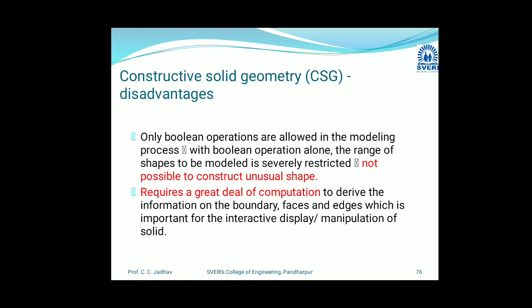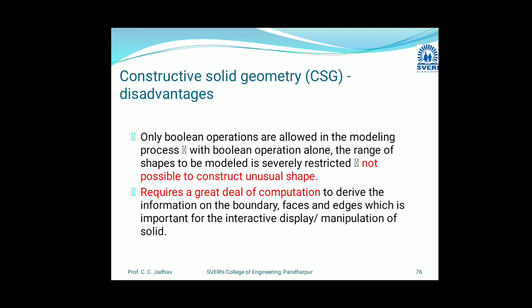It requires a great deal of computation to derive the information on the boundary, faces and edges, which is important for interactive display and manipulation of the solids. Whatever solid model we create using CSG, we have to represent it on the computer.